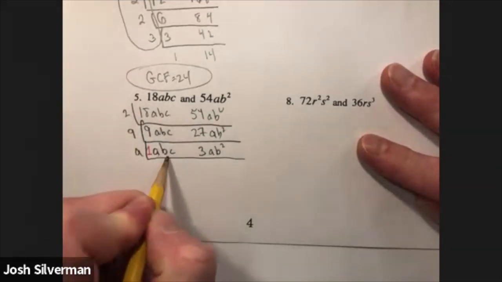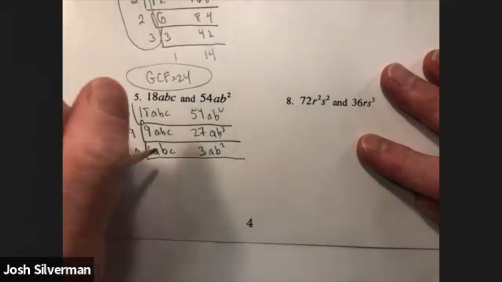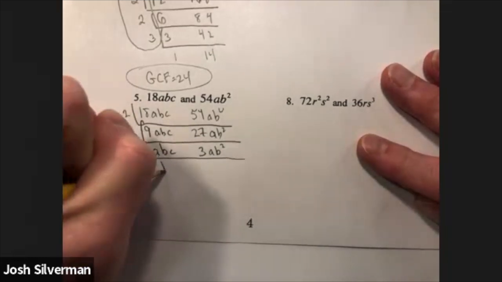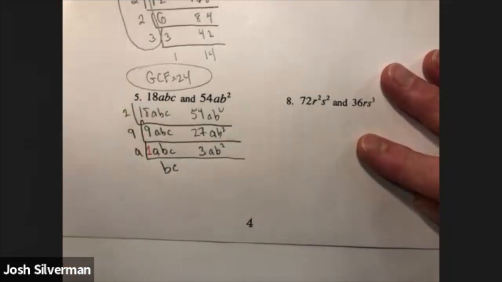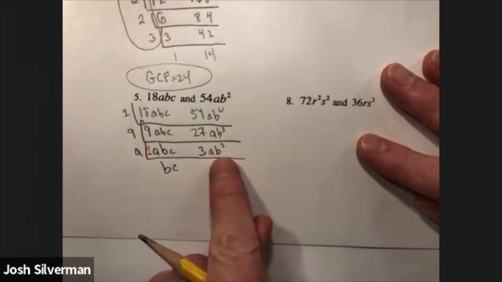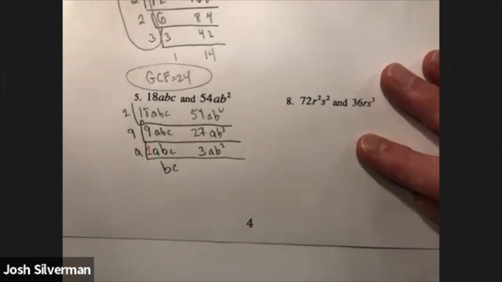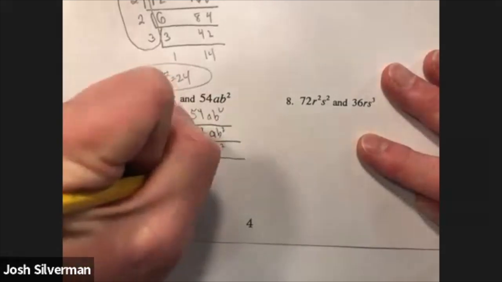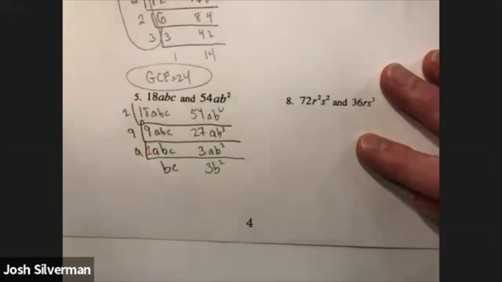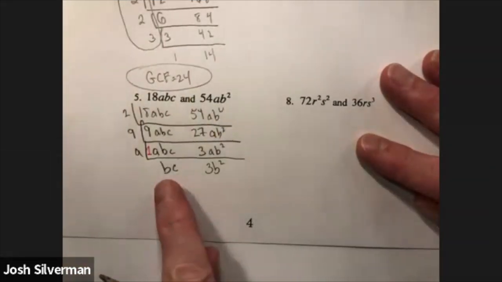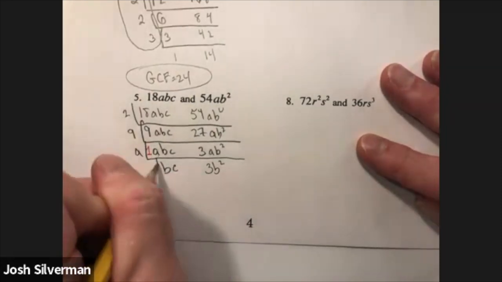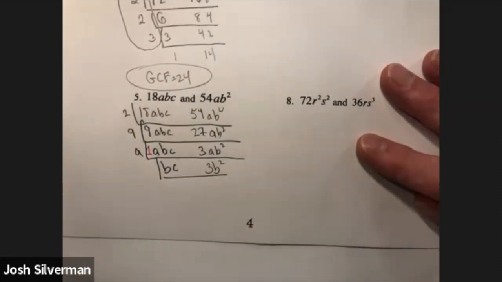If we divide ABC by A, that's going to give us BC. If we divide 3AB squared by A, that's going to give us 3B squared. And what can both of those be divided by?